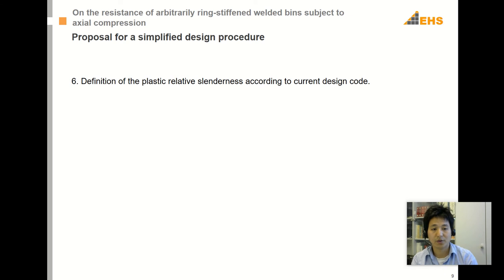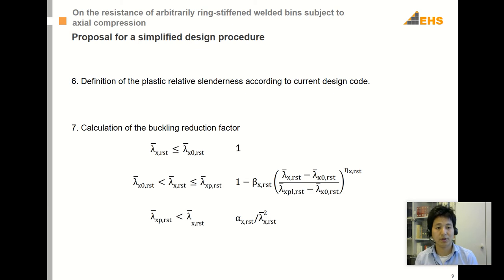And then, according to the current design code, we can calculate the corresponding slenderness, and the last step is to calculate the buckling reduction factor, just like we already use in our design according to the Eurocode.